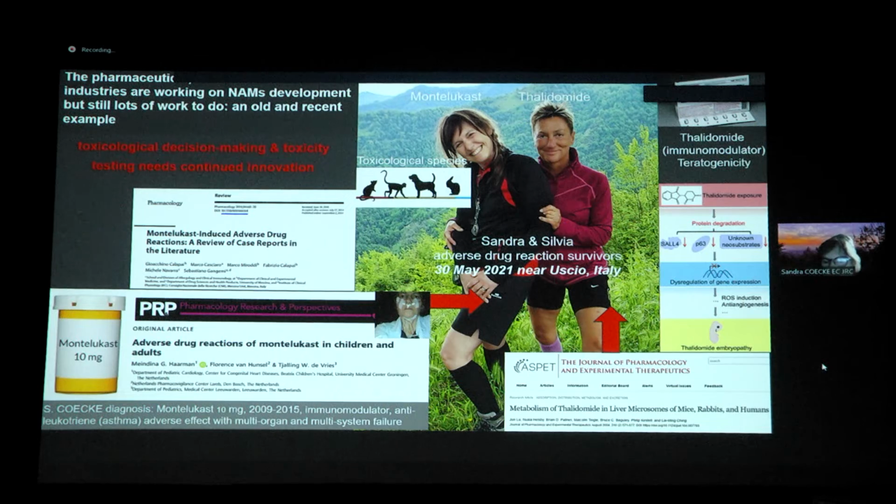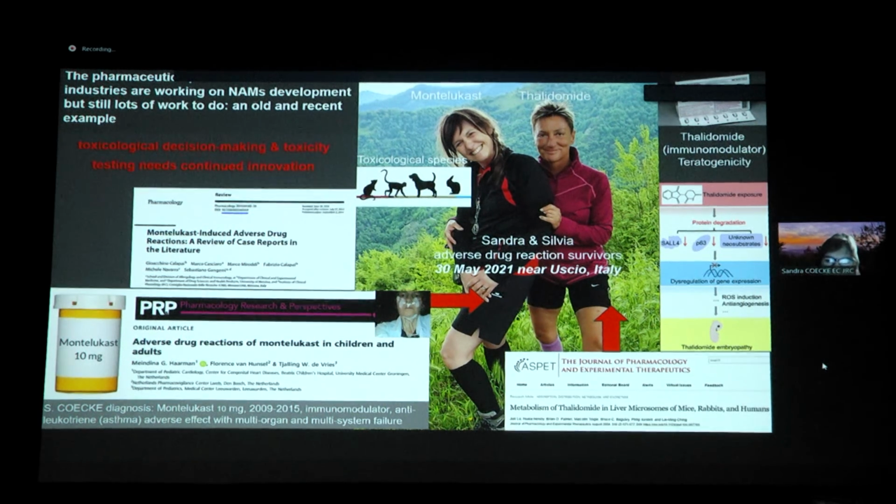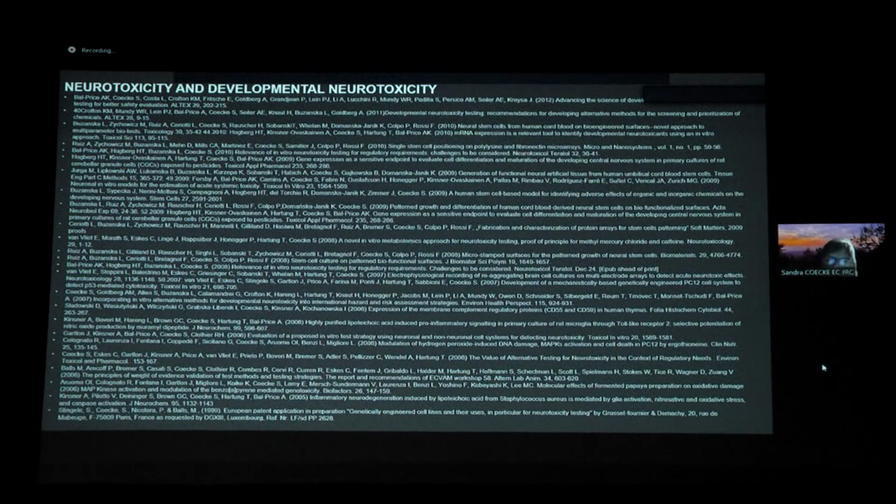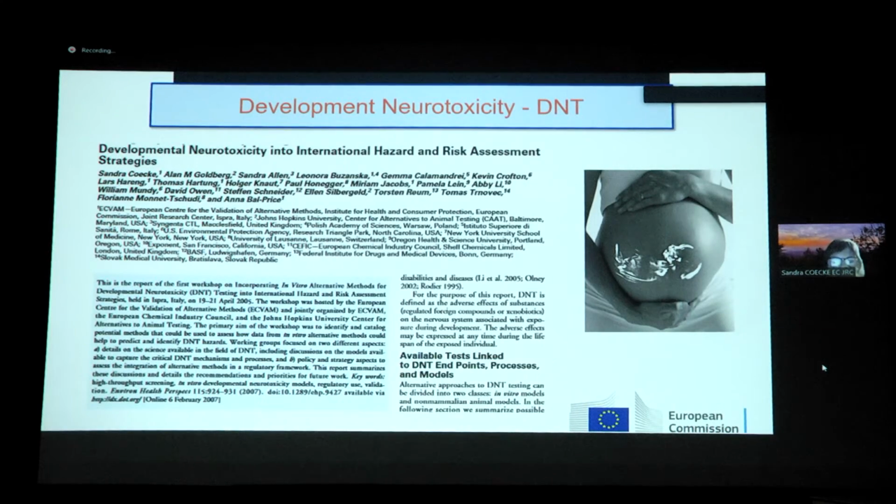Not only cell and tissue culture models, but also in silico, the mathematical models, the artificial intelligence, it all helps. So we have been working 3 years on standardization. I worked a lot also in the field of neurotoxicity and developmental neurotoxicity. At OECD now, they're working very, very hard to continue the work we started many years ago to get these methods into test guidelines, because the developmental neurotoxicity methods now are done with rodents.